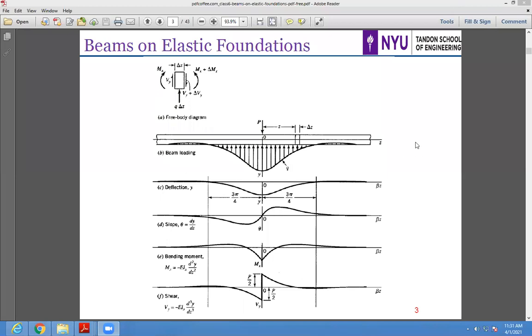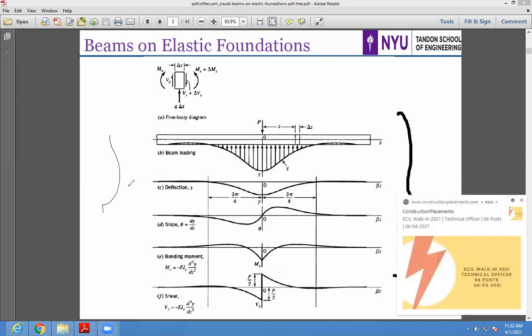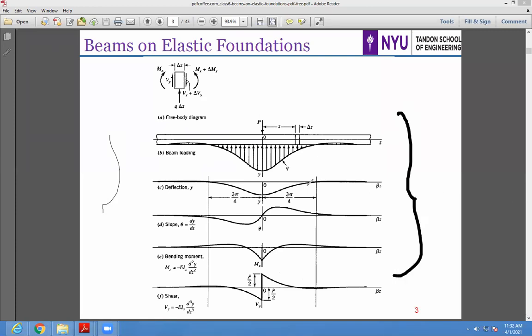Okay, yesterday we have taken the one numerical. So all of you please draw this diagram.